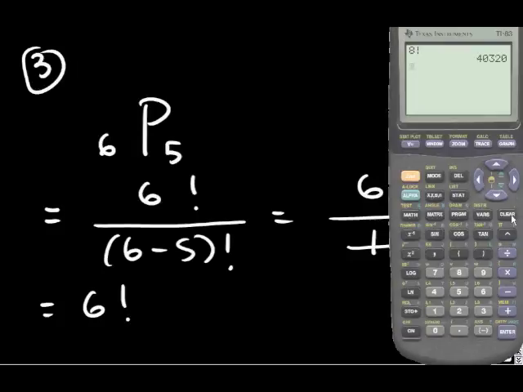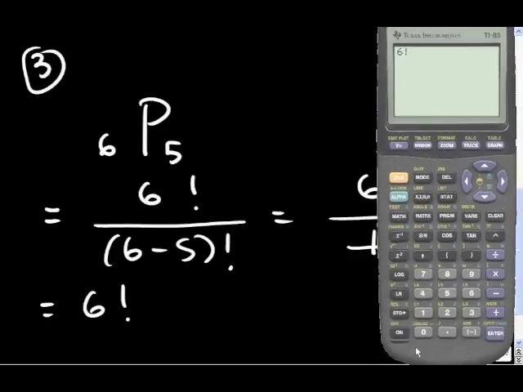Now, we can enter in our TI calculator 6, math, PRB, factorial, and the answer is going to be 720.